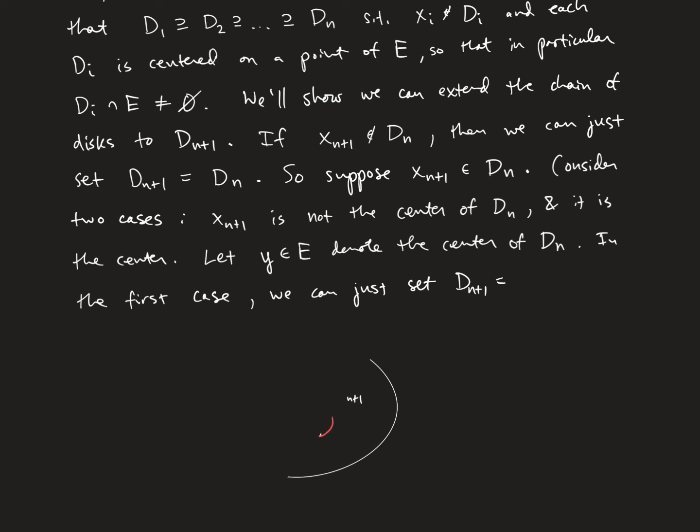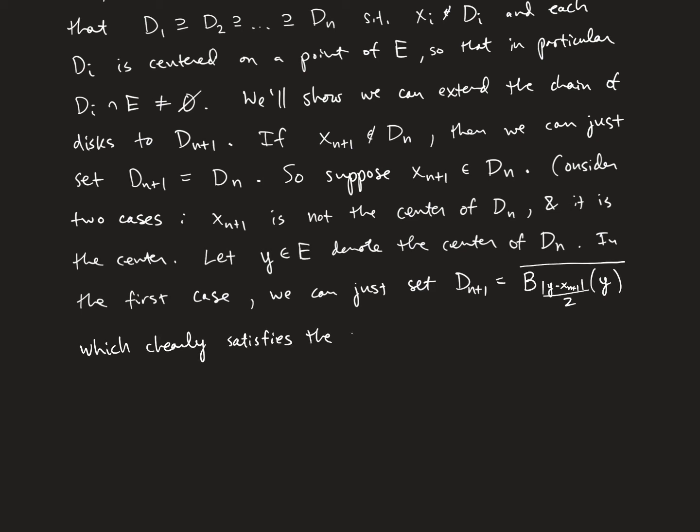That would clearly work in that case. So we'll take the n plus 1 disk to be a closed ball of radius |y minus xn plus 1| over 2 around y, which clearly satisfies the conditions.